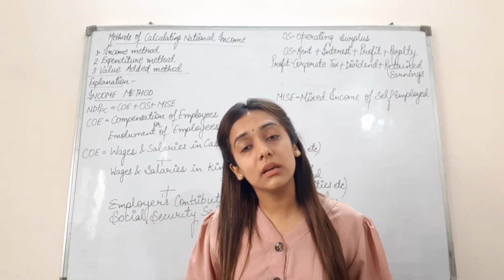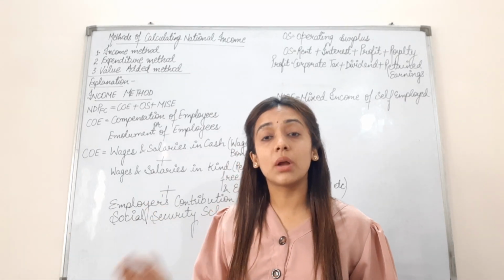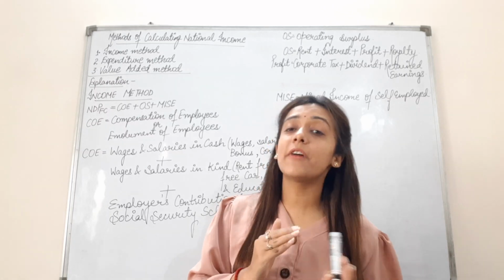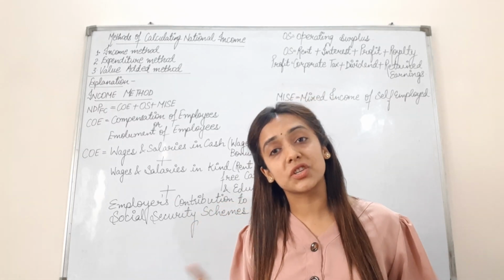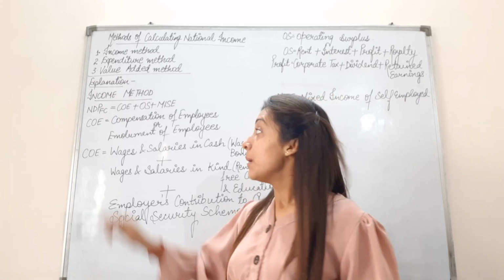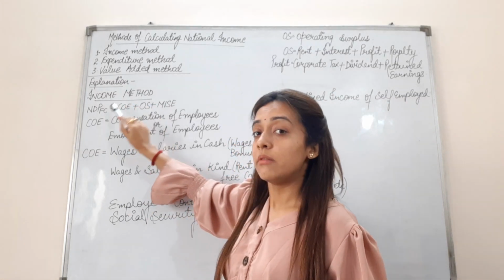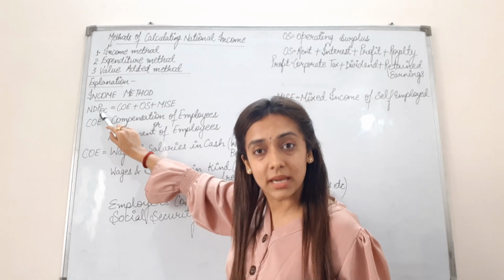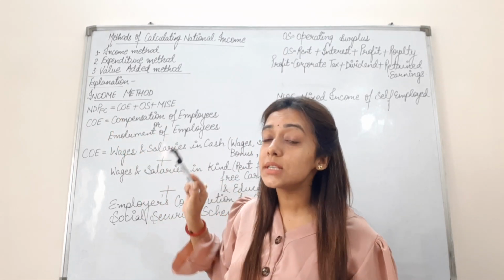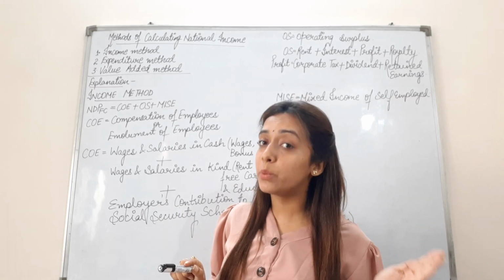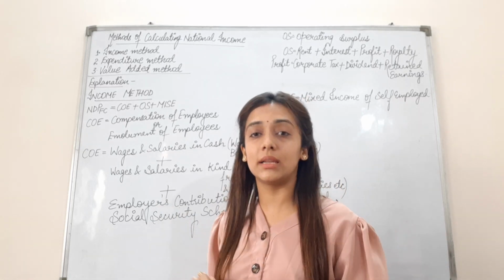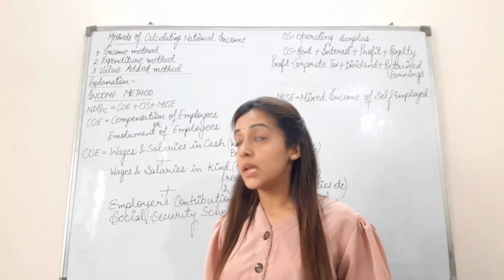By adding NFIA to the domestic income, we will get national income. So with the income method, we calculate the domestic income, and with the process of conversion, which I have discussed with you all in the previous lecture, we will calculate national income.